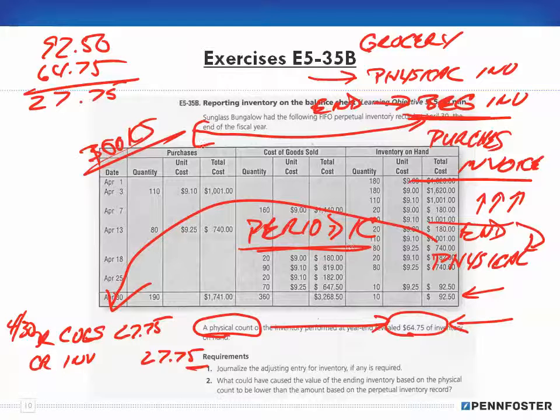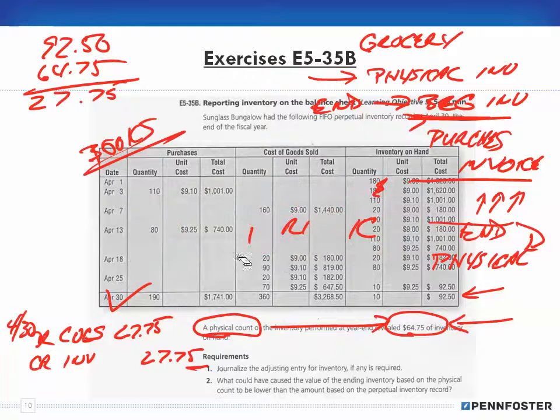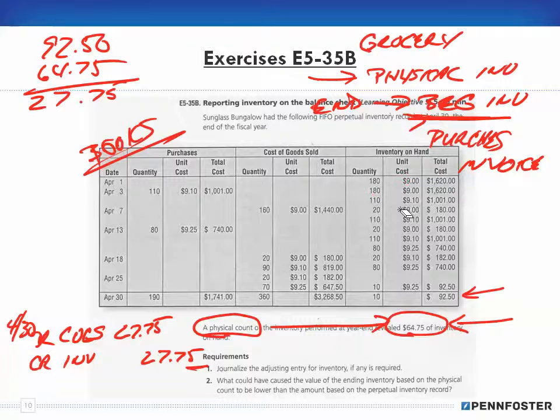So you have what's sold, and you also have shrinkage. And using the periodic takes all of that into account. Now I'm going to erase all of this here. That's what you're doing for your periodic.